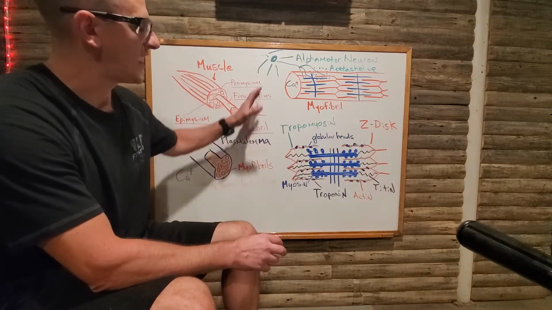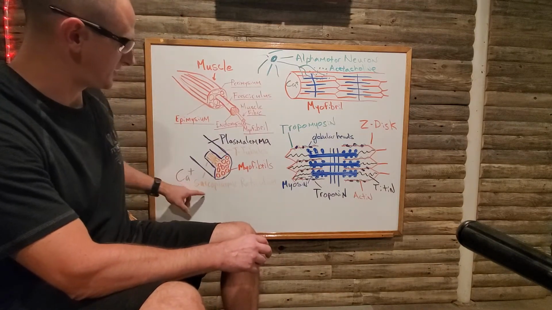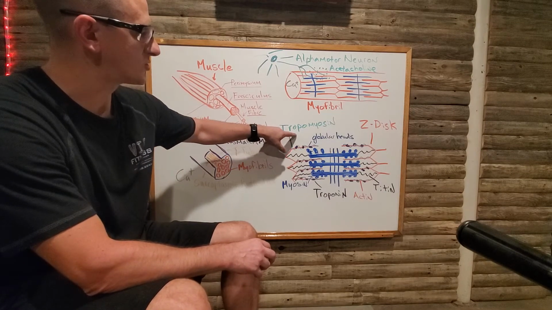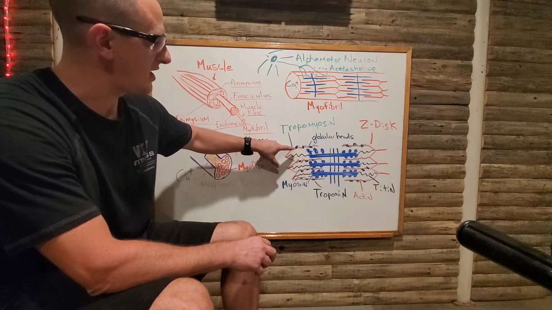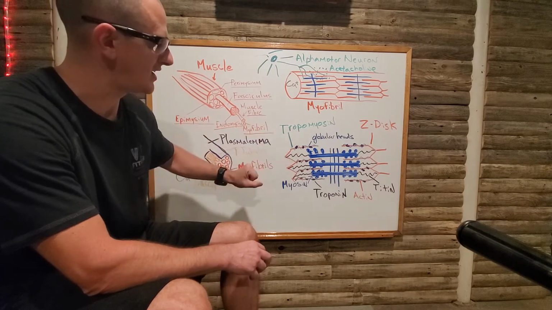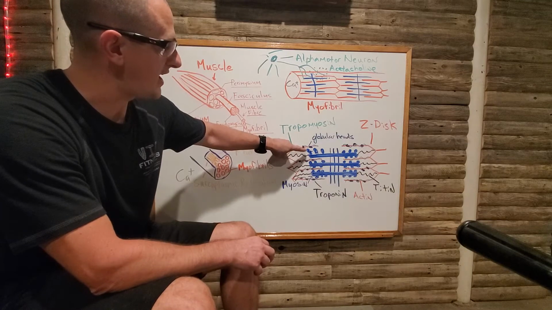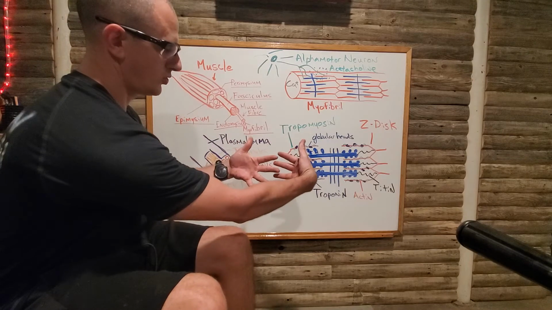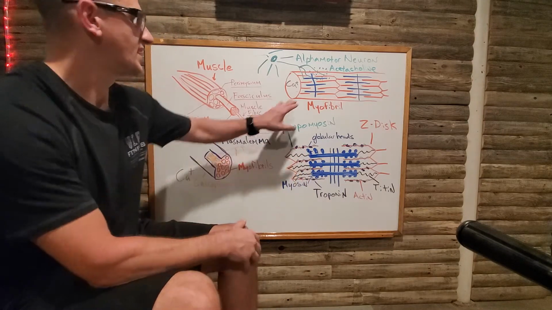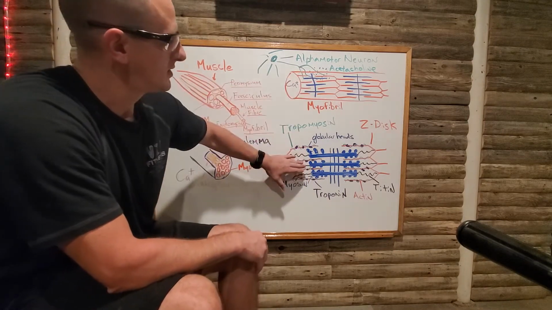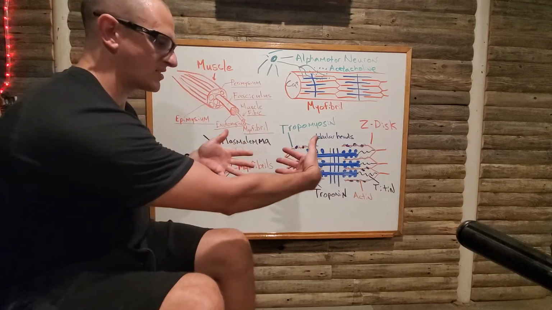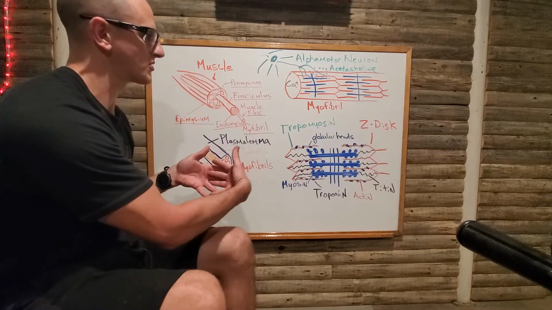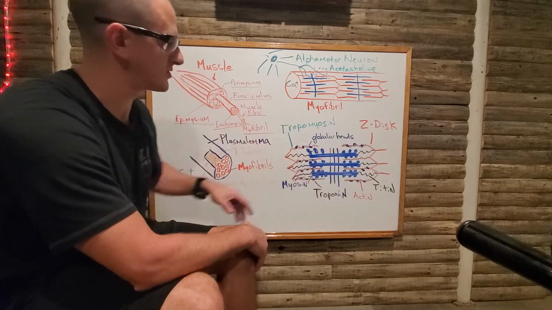So that calcium that we just talked about that's in the sarcoplasmic reticulum is important because we want to move this tropomyosin out of the way of what we call binding sites, so that these globular heads on myosin can bind and then pull this whole structure together. That's why, as you can see, they overlap each other, and that's how muscle contracts, because that's all muscle can do. The only one action muscle can do is to contract. So that's how we contract.